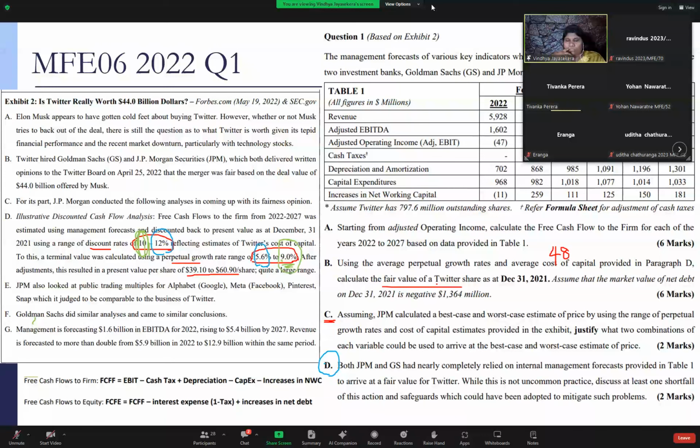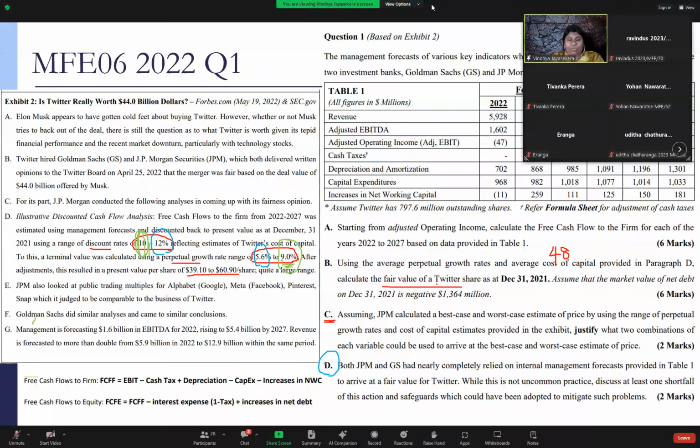Yeah, I was saying management estimates are generally biased. That can be a shortfall. Yes. So generally, like I said, when you want to use free cash flow valuations, you should be talking with the management. You should be having insights into the company, right?